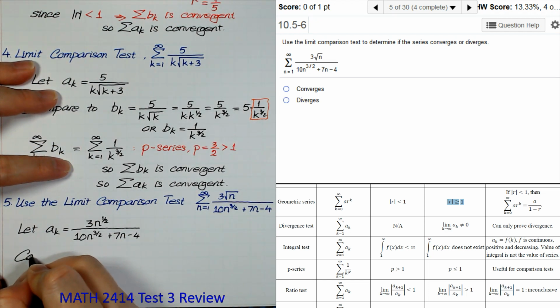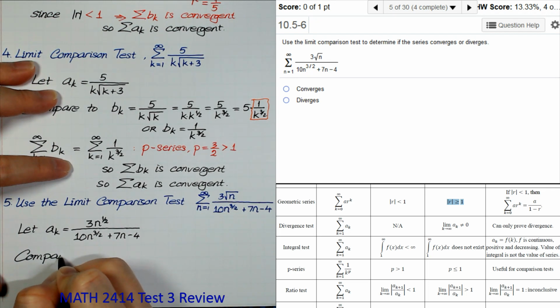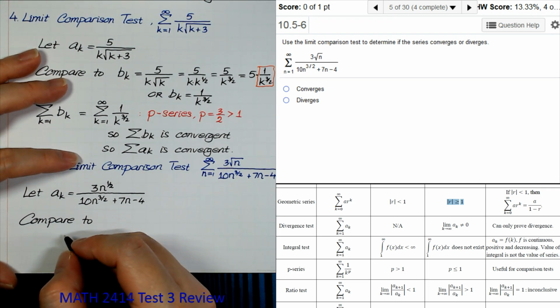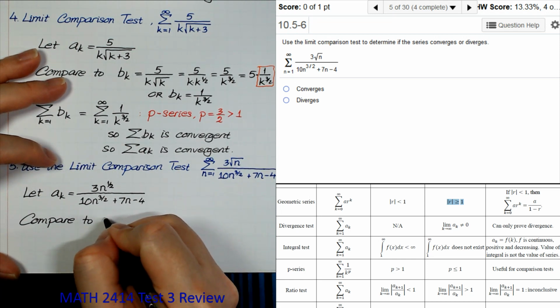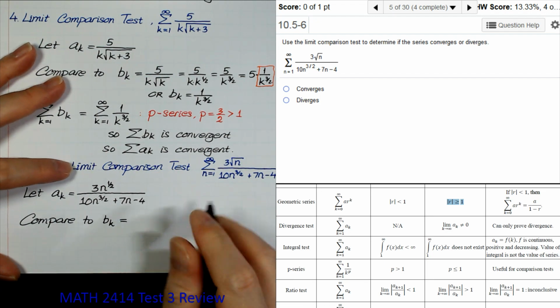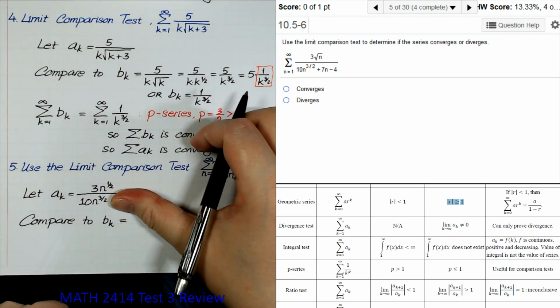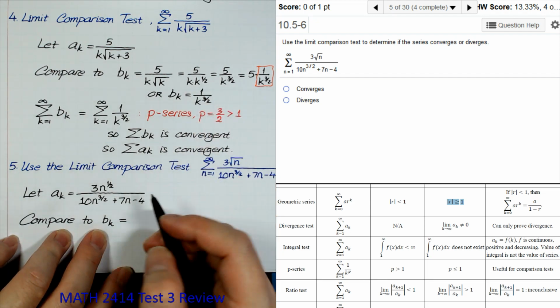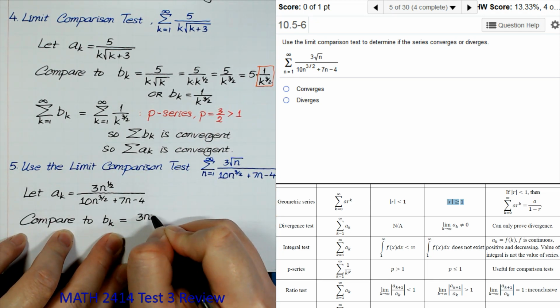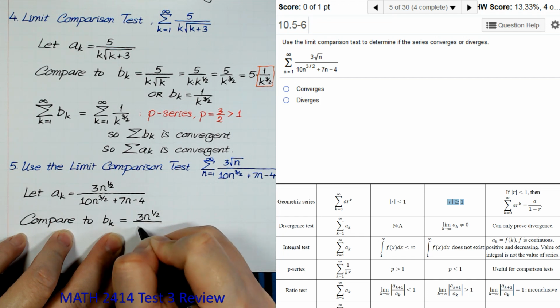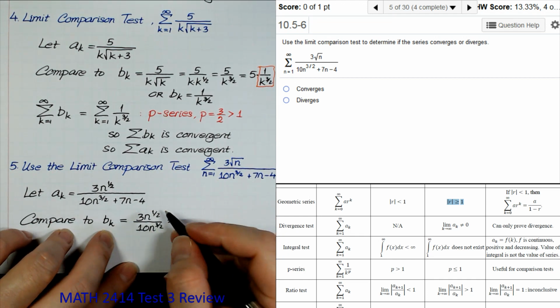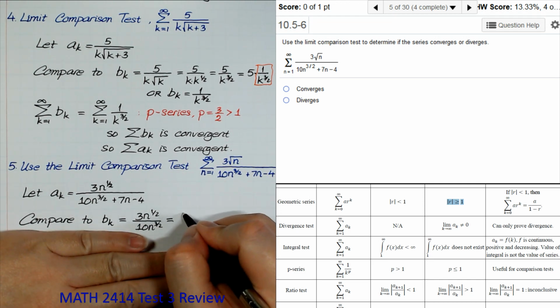So we compare to b of k. Take the highest ranking on the top, highest ranking on the bottom. So that's what we have, pretty much: 3n to the 1/2 over 10n to the 3/2. So we have 3 over 10.